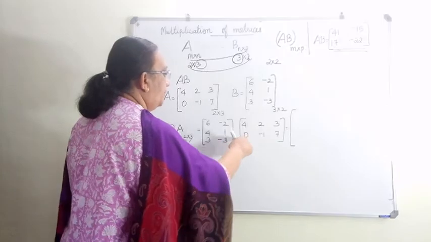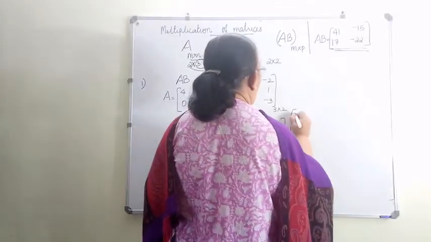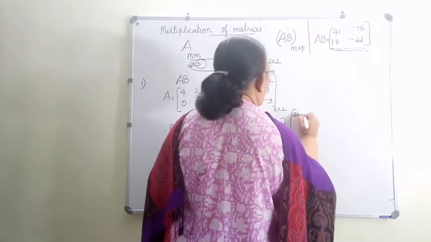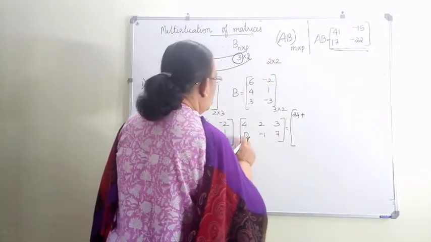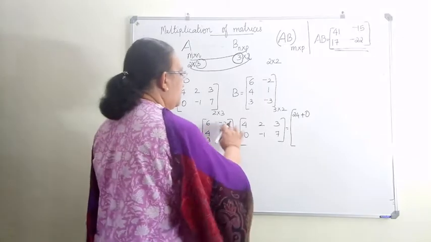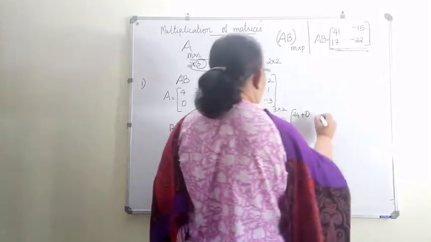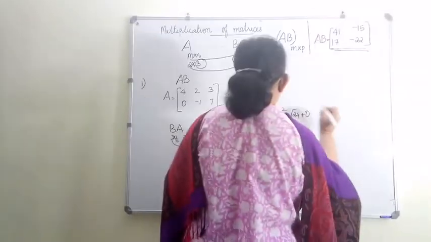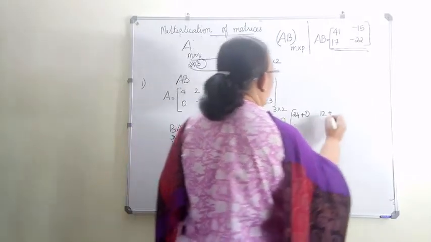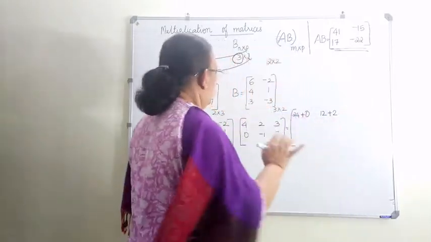First row into the first column: 6 into 4, I am multiplying mentally, plus 2 into minus 0, 0. Done. First row into the second column: 6 into 2, 12, plus minus 2 into minus 1, 2. Done.